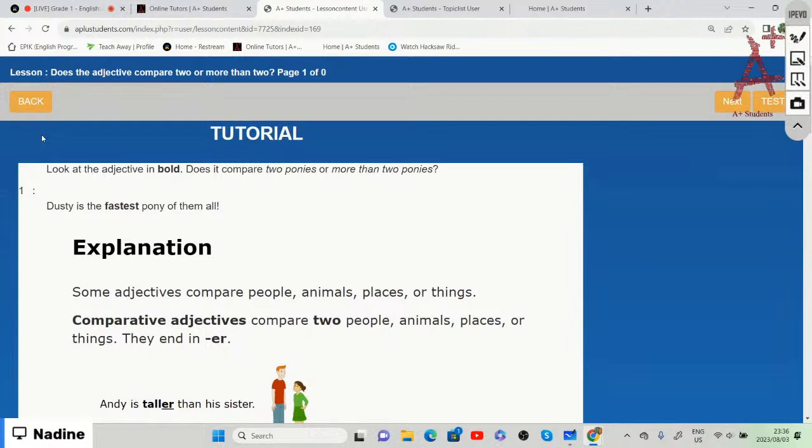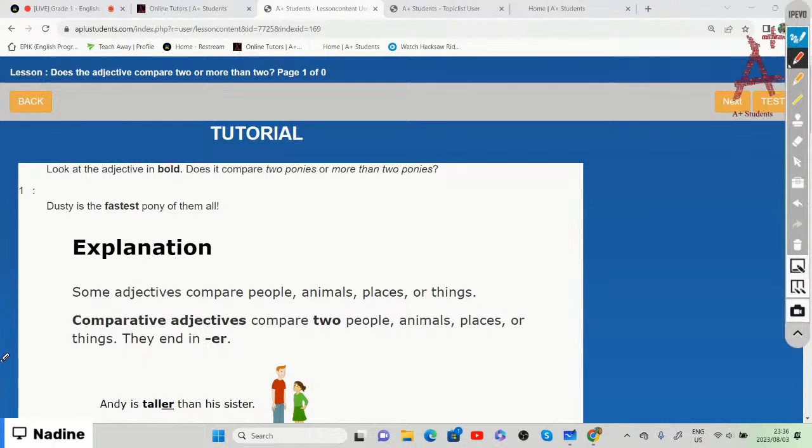It says, does it compare two ponies or more than two ponies? So fastest, right? So if we compare these ones, then we can say that this, which is fastest, compares more than two ponies.